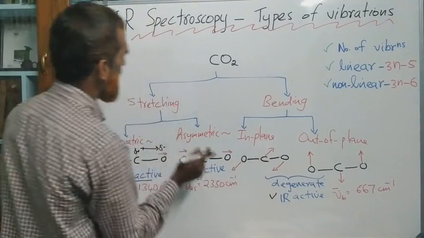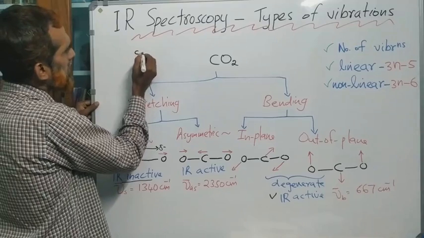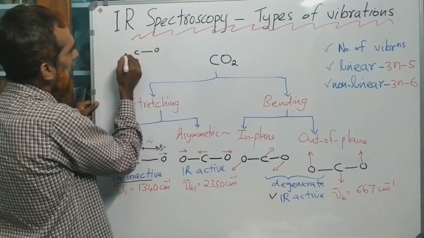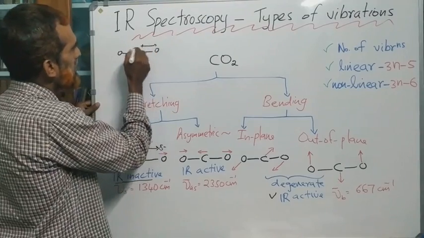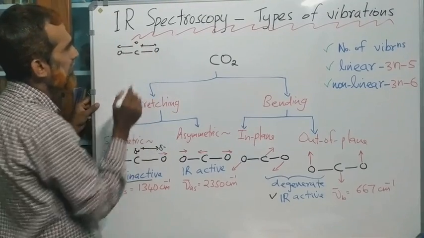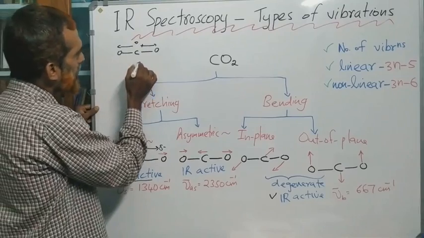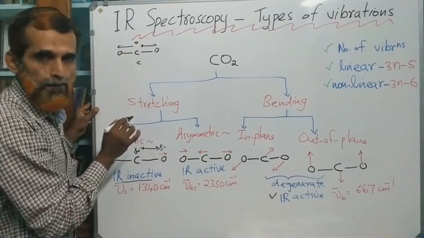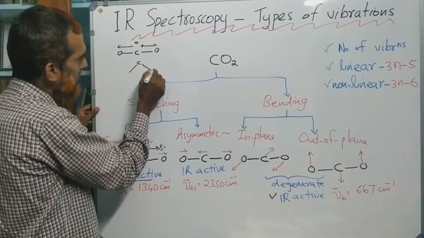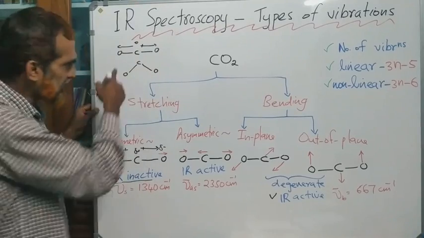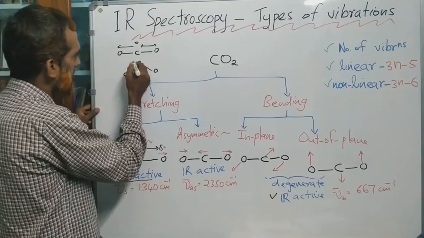Just explaining one, suppose CO2 is undergoing bending. How does dipole moment change? You know, in this mean position, mu is 0, because they are just opposite each other, that's why it is cancelling. Suppose it is coming like this. Now it's very clear. See, if it is bending, changing the angle, what happens now?